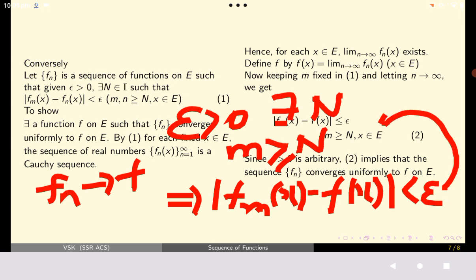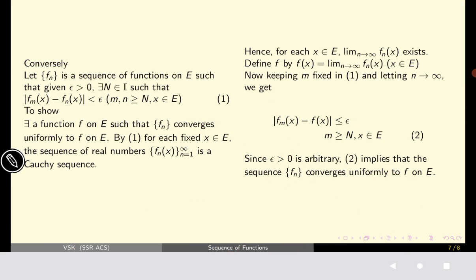Here the value of N should depend on epsilon only, and it should hold for all x. So this we have proved. In this way f_n converges to f uniformly on E, and the theorem is proved.